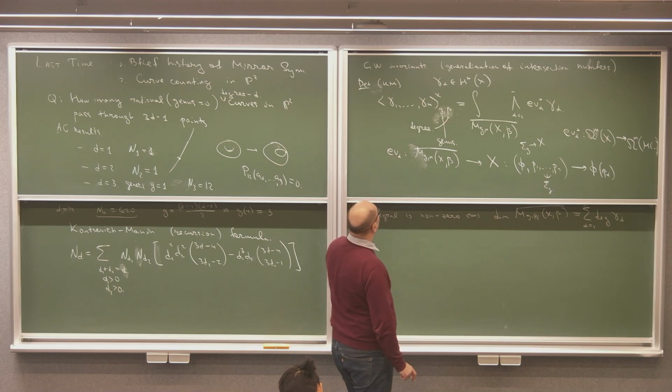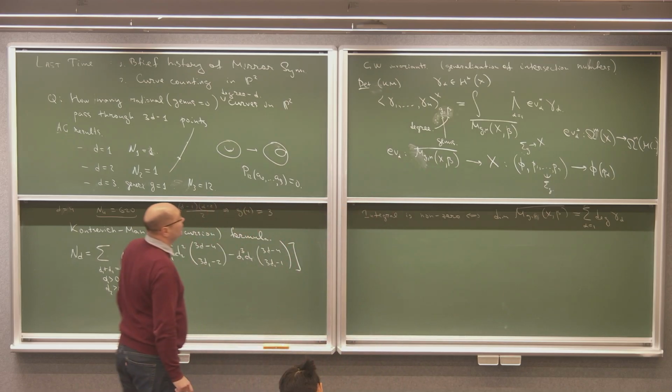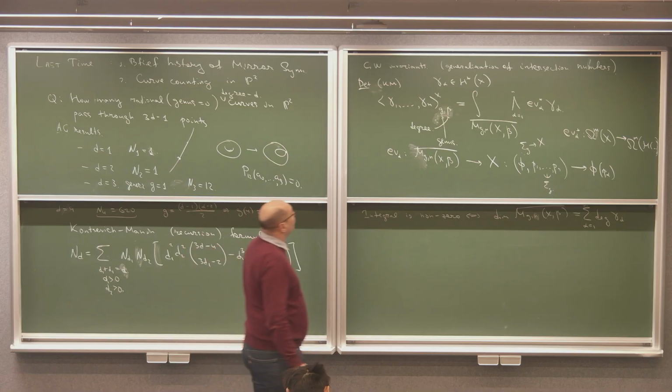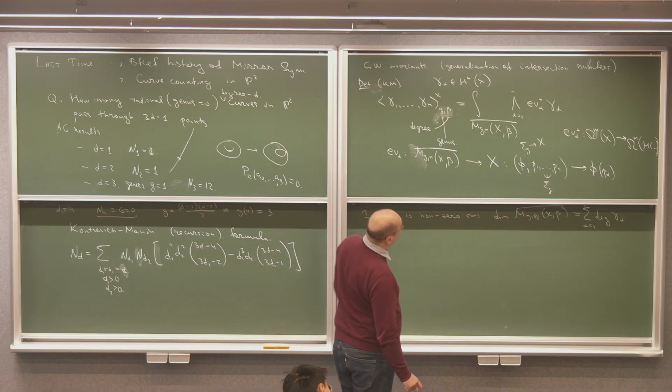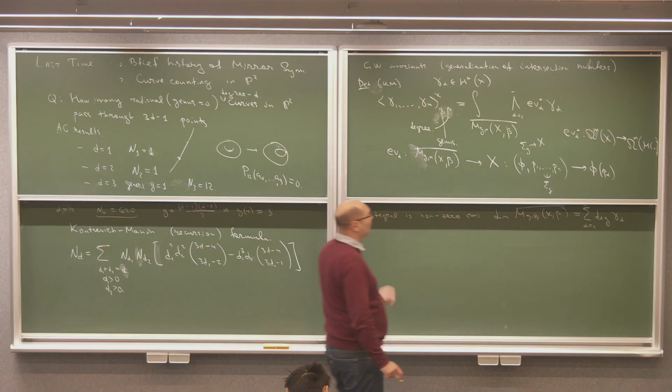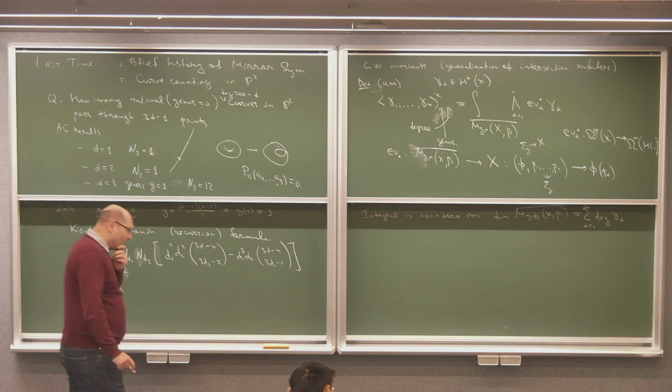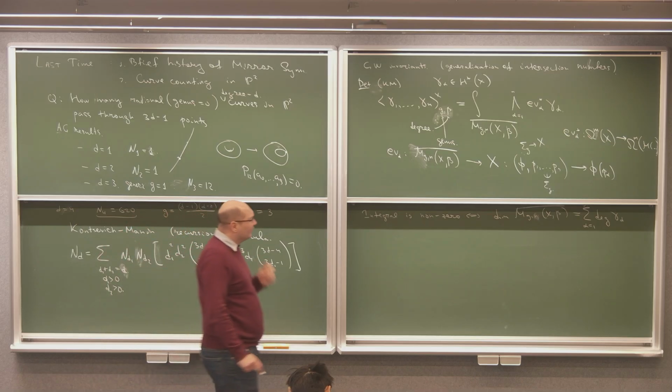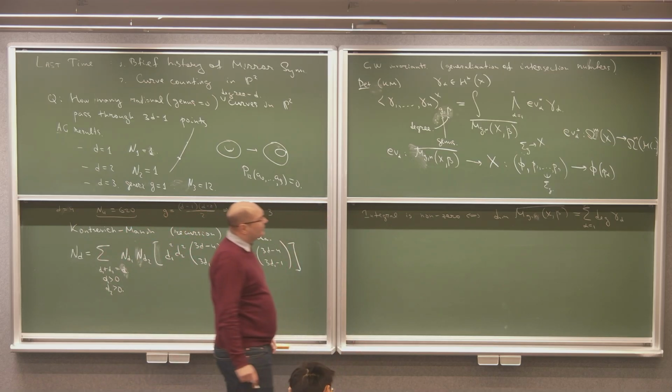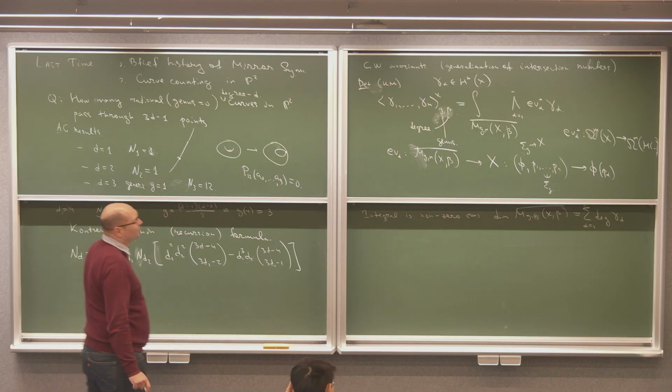So we have this formula that gives us the definition of these Gromov-Witten invariants. Unfortunately, using this formula to compute Gromov-Witten invariants in the complex geometry setting is very hard, and usually people don't use this definition.